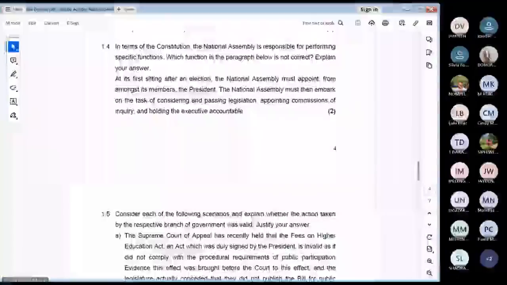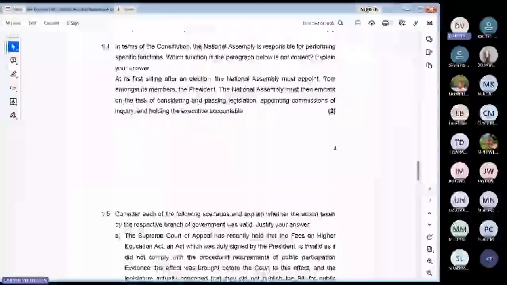To answer this, we would say that the incorrect function in this question relates to the appointment of commissions of inquiry. Section 84F of the Constitution says that it's a presidential power to appoint a commission of inquiry, and therefore the National Assembly cannot do that function. That would be the answer, because it's 2 marks.